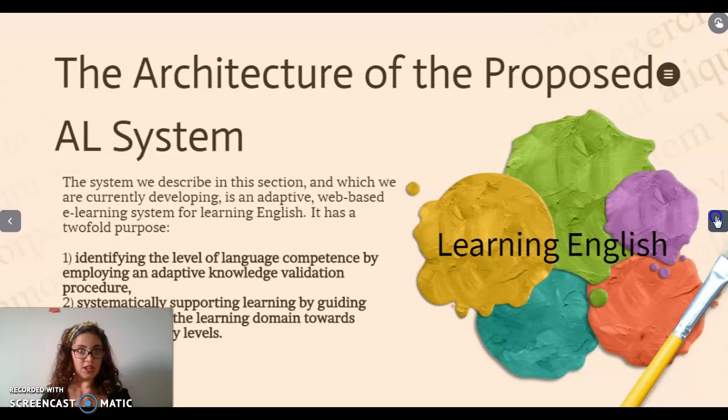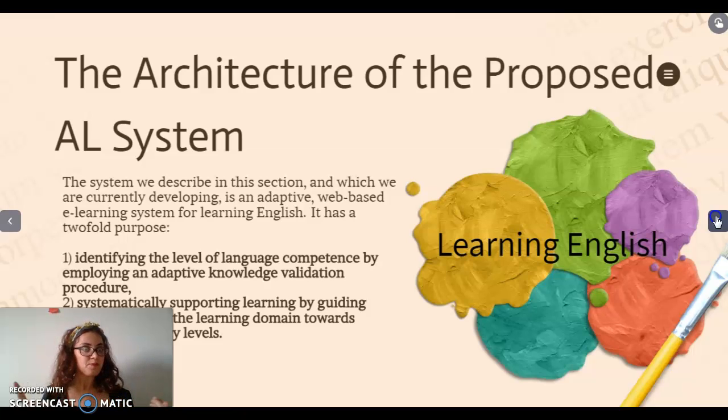And what is the architecture of the adaptive learning? There are two purposes, we can say. First one, identifying the level of language competence by employing an adaptive knowledge validation procedure.